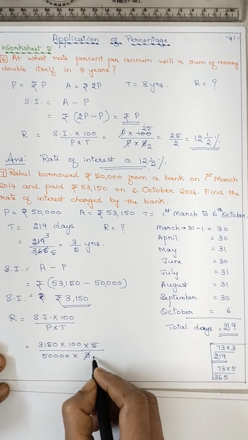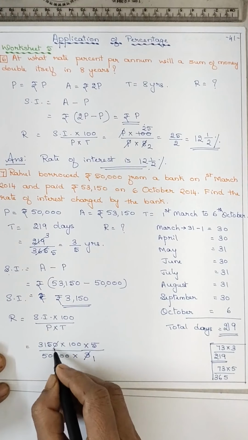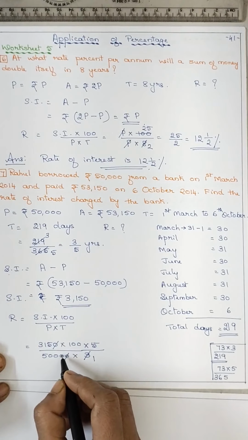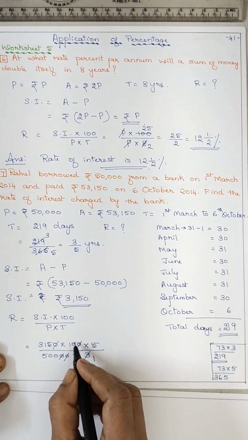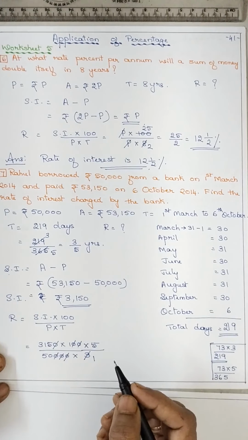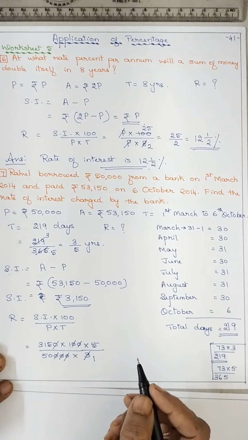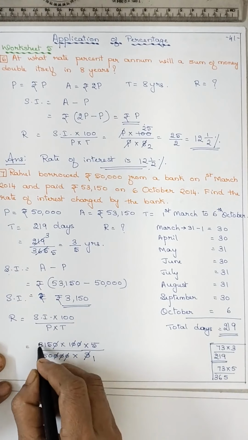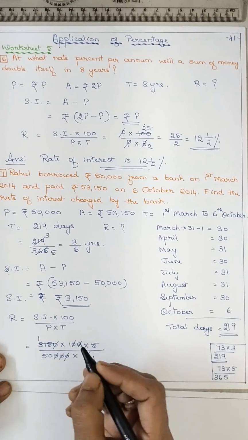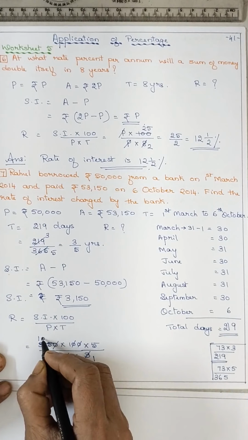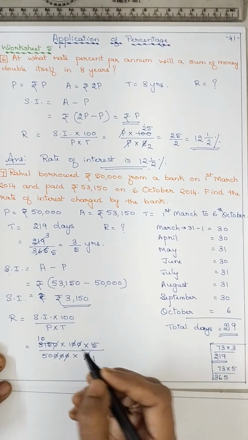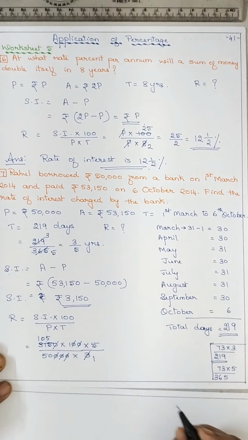Now 3 ones, 0, 0 cut, 1, 1, 1, 1, isn't it? 3 zeros will be cut. Now 3 ones are 3, zeros are 1, and 1 and 5, 15. 3 5s are 15.